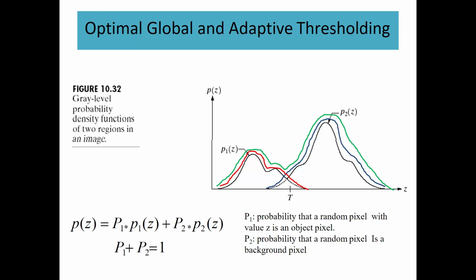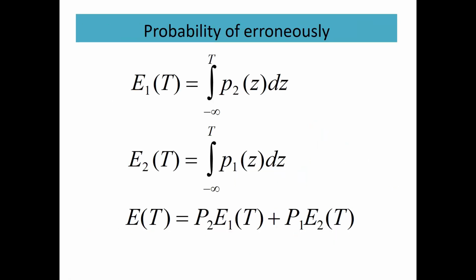So while taking this decision, we are incorporating some error. This error is the area under the probability curve for the region of intensity values greater than T.